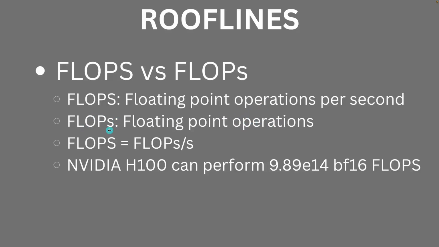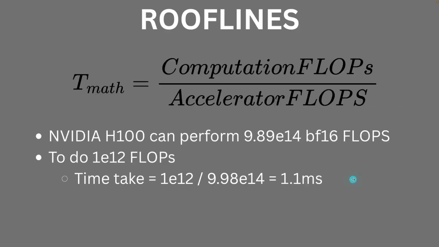FLOPs with lowercase s is the number of floating point operations. So the relation is: FLOPS with capital S is equal to the number of FLOPs you can do per second. For example, the NVIDIA H100 can perform almost 10E14 BF16 FLOPS, or floating point operations per second.